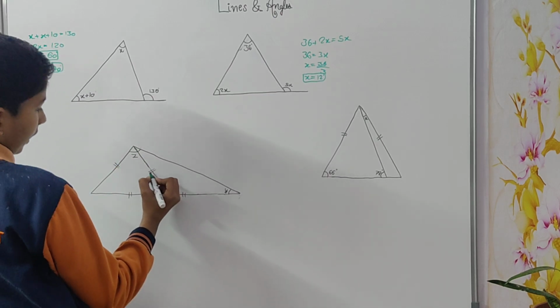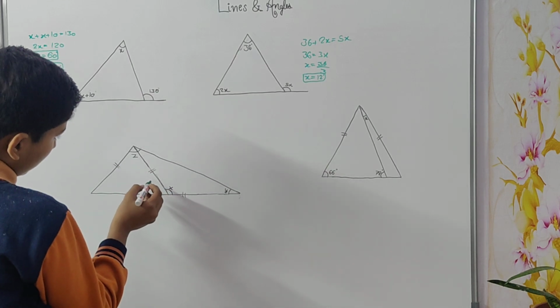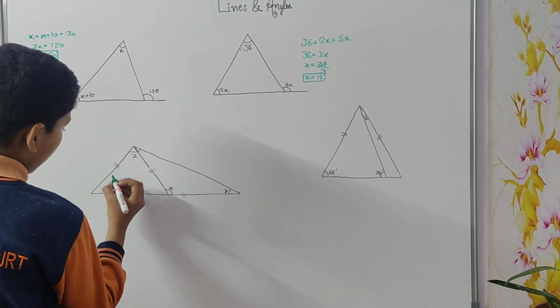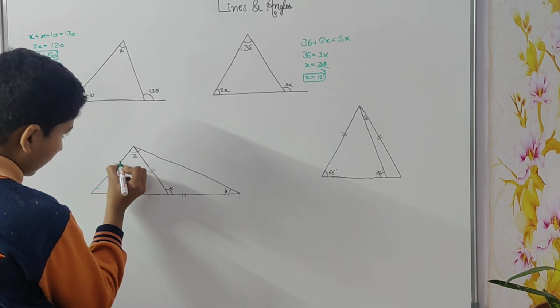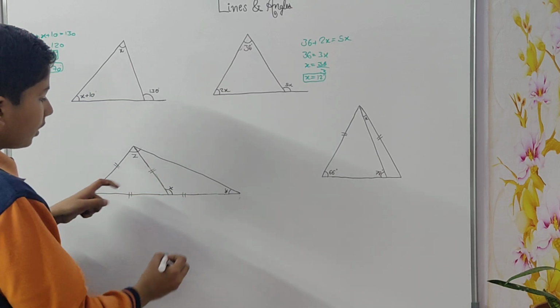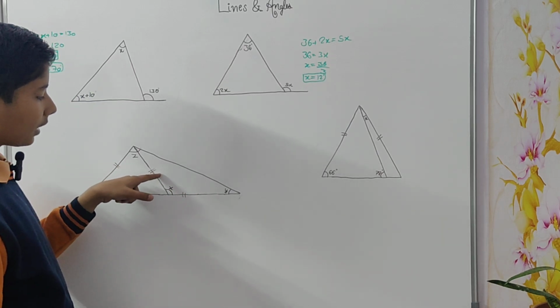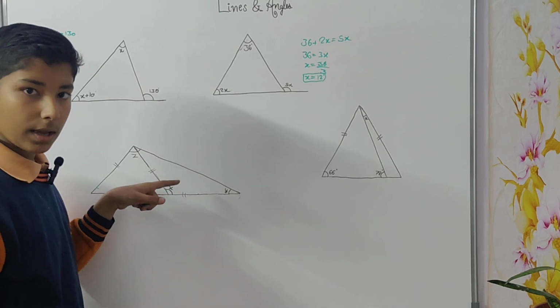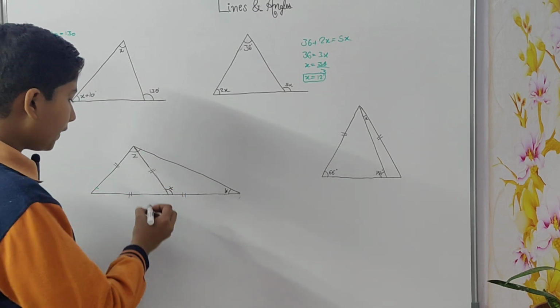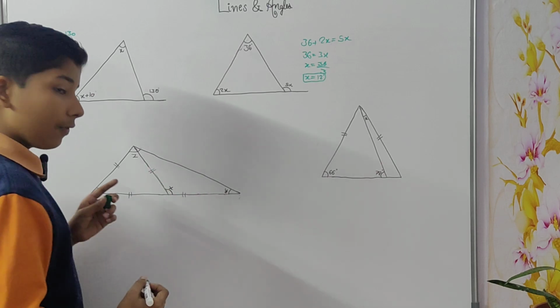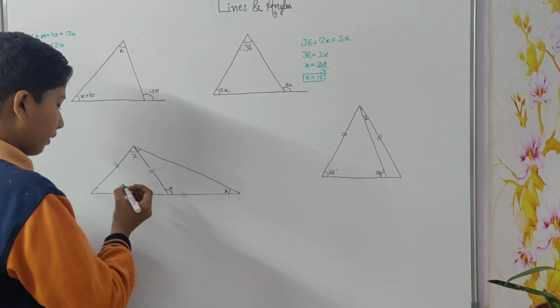See, it is saying that this is an equilateral triangle, and this is an isosceles triangle. We have to find x, y, and z. Firstly, we will find x.